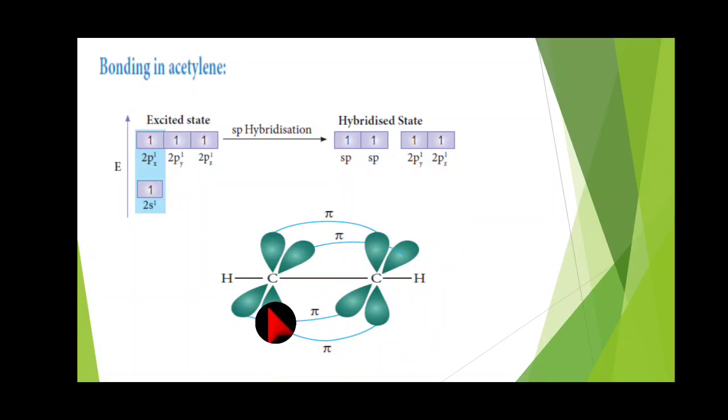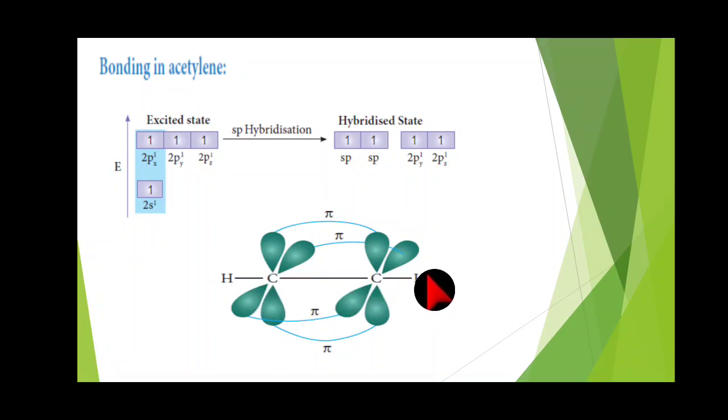Now the structure we see, CH triple bond CH. The bond between carbon and hydrogen is a sigma bond, carbon and carbon sigma bond, right? Here also carbon and hydrogen sigma bond.